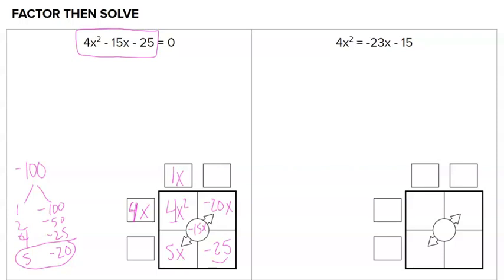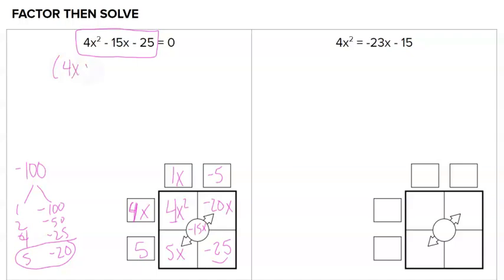And then 4x times what makes negative 20 would be negative 5. And then we fill in that last factor box. What's the greatest common factor between 5x and negative 25? That would be 5. So now we have our factors.